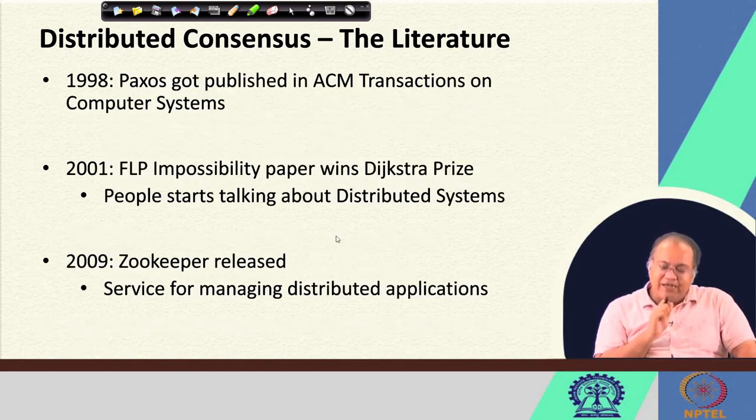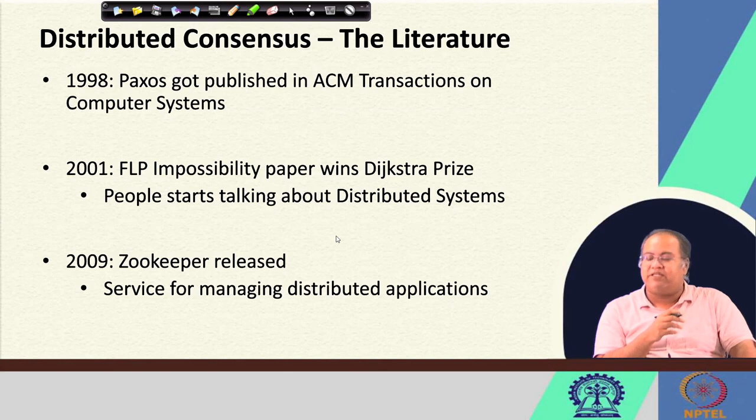Finally in 1998, almost after 10 years, people got convinced that this algorithm works, and Paxos got published in ACM Transactions on Computer Systems. So this is an example that something very fundamental behind the design of distributed systems was not accepted for around 10 years. Lamport had to fight for around 10 years to get that idea published.